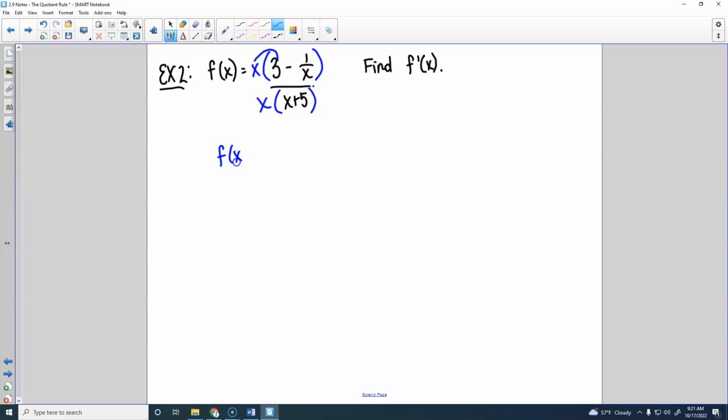This is still f of x. We're not taking the derivative right now. We're just simplifying so we can take the derivative more easily. And we would get 3x. And then what do we get when I multiply x times 1 over x? The x's cancel, we just get a 1, which is what we want to happen so that we don't have a complex fraction. In the denominator, we'd have x squared plus 5x.